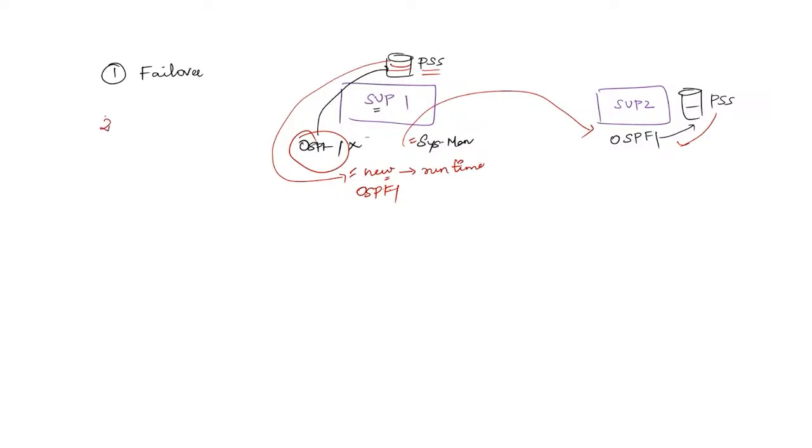The second thing is the failover of the supervisor itself. We already know that the runtime configuration information, everything, is mapped from one supervisor to the other supervisor. So when this one fails, SUP2 assumes an active role immediately, and it has all the relevant required information to do the switchover.